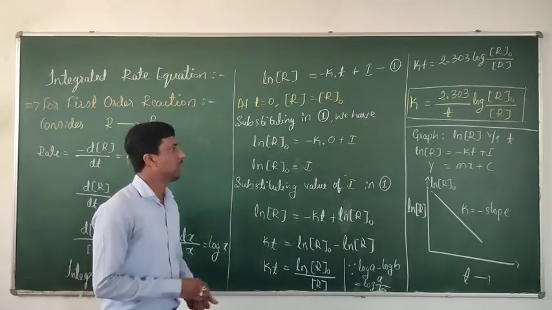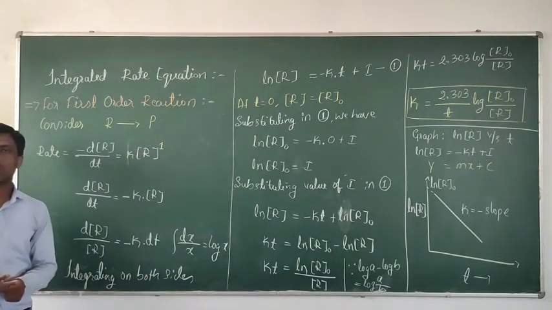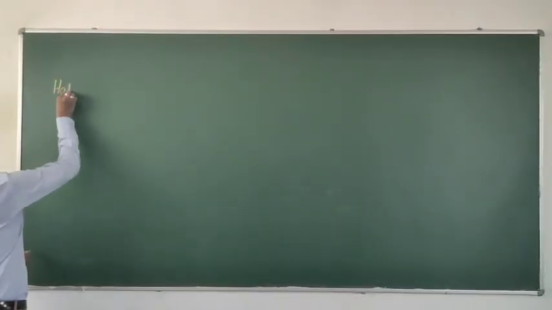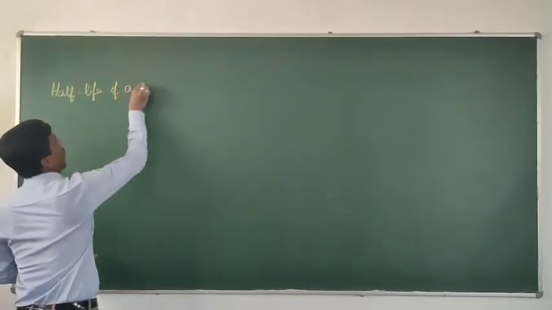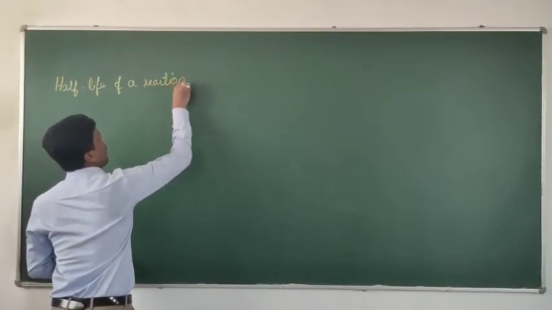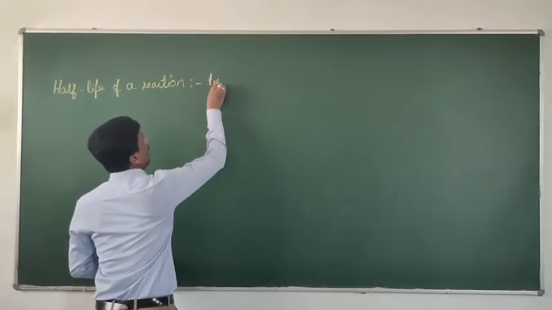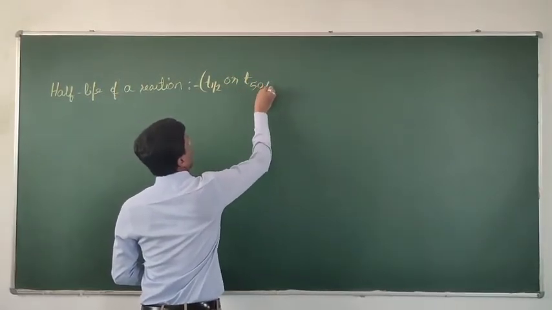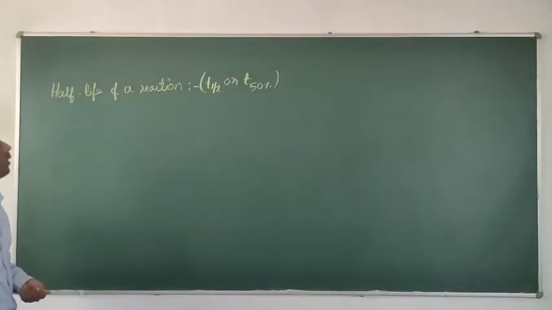Okay? That was the derivation of the integrated rate equation for first order reaction. The next concept is half-life of a reaction. It is represented by T half or T 50%. They represent it in two ways.